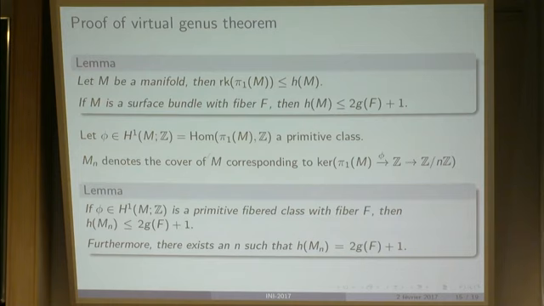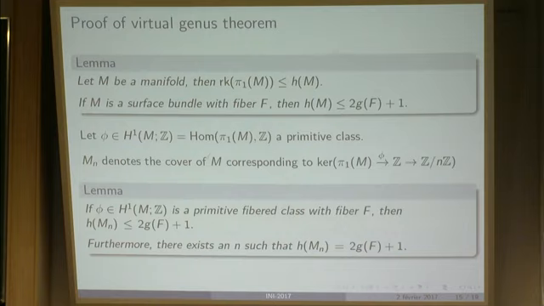But here you have a manifold, and this lemma is absolutely well known. As I said, if you have a bundle, then the Heegaard genus of the manifold is smaller or equal to twice the genus of the fiber plus 1. And what makes things work is that at some point you have equality.